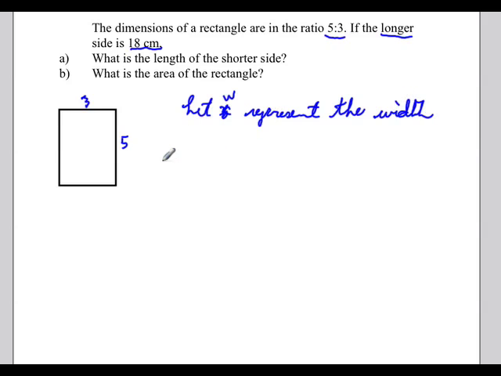And so if w is the width, then we're going to look at this as length over width when we do set up our ratio. So this is going to be 5 over 3. Now we're told that the longest side is actually 18 centimeters. So we're going to write this as 18 over w.